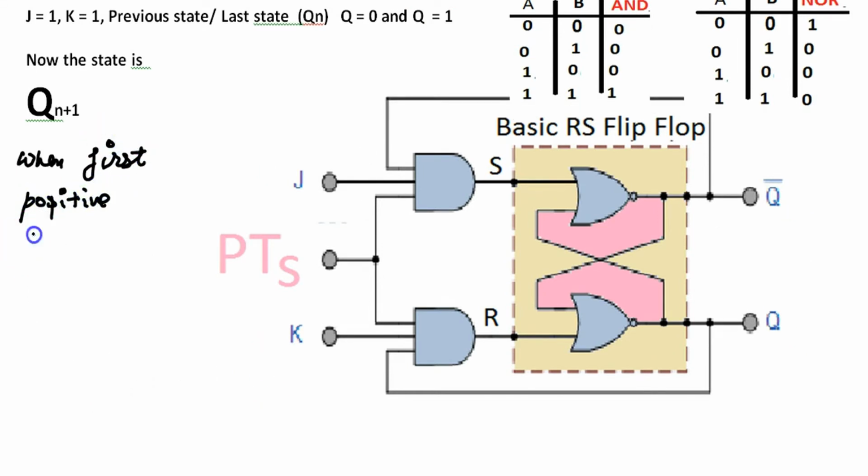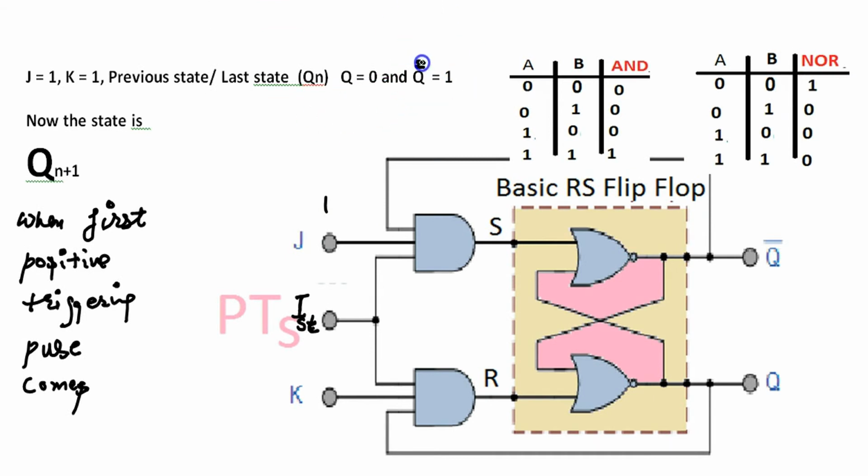Now let's take J equals 1 and K equals 1. When the first positive triggering pulse comes, J equals 1 and K equals 1. Let the previous state be Q equals 0 and Q complement as 1. Okay, so this is completed.